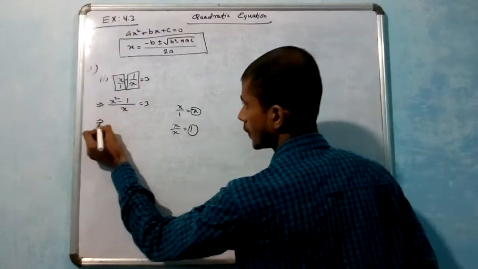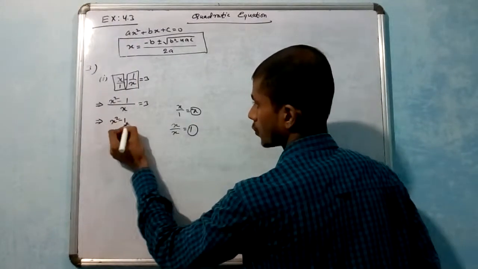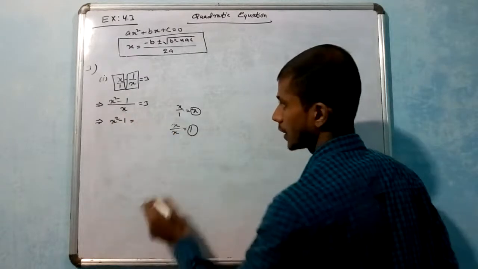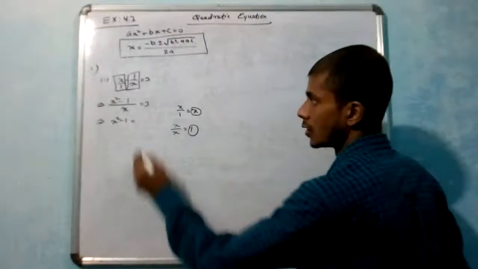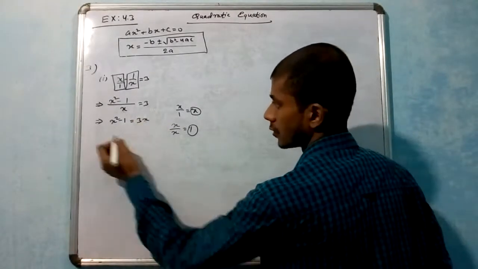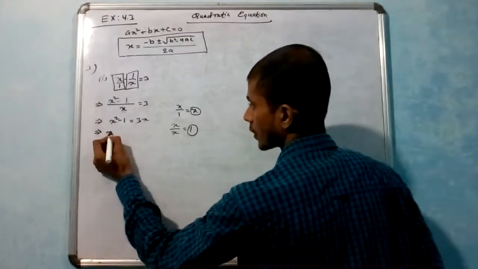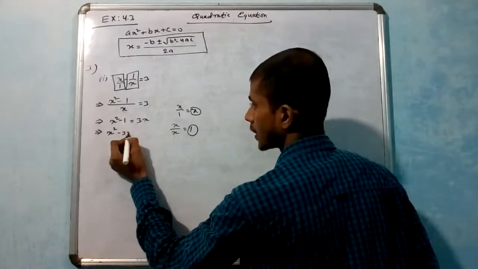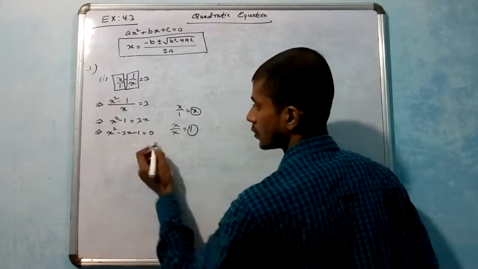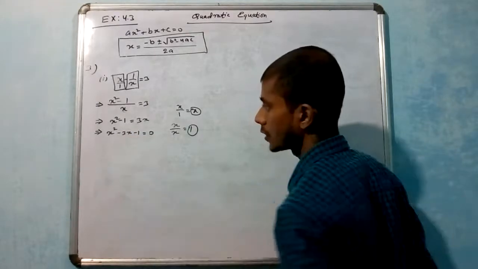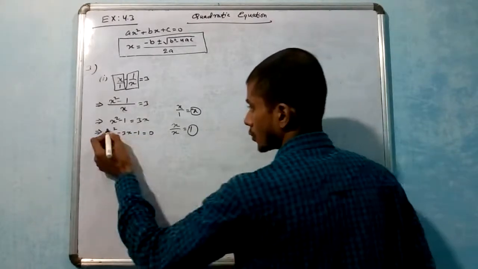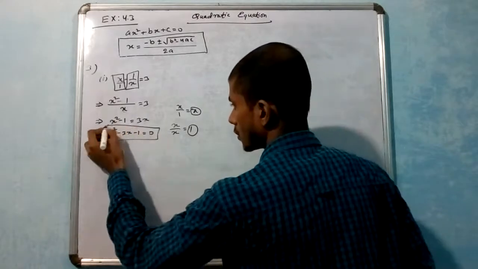Now x square minus 1 is equal to, this x will go to that side. It is in division on this side, so changing the side changes the operation, and it becomes 3x. So x square minus 3x minus 1 is equal to 0. We got this, so this is our quadratic equation.